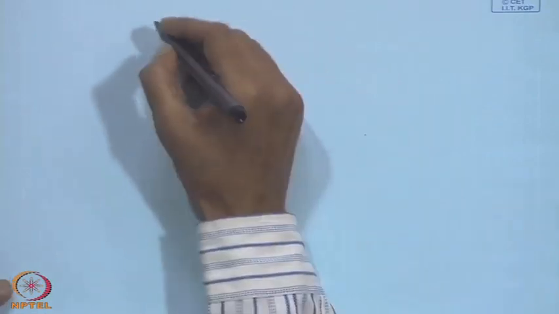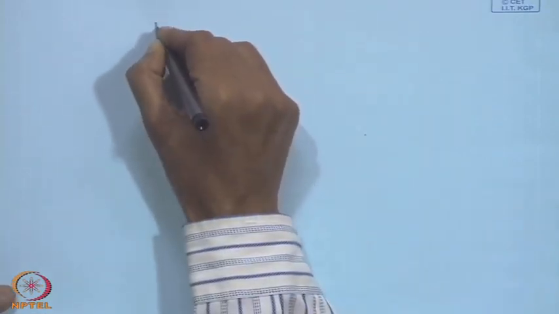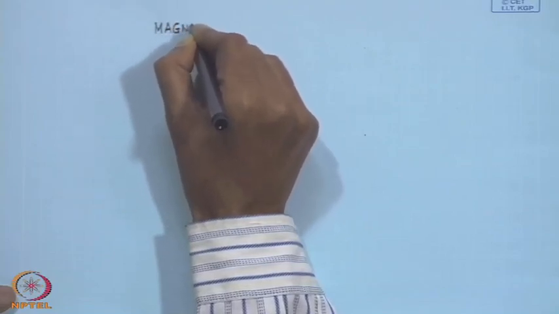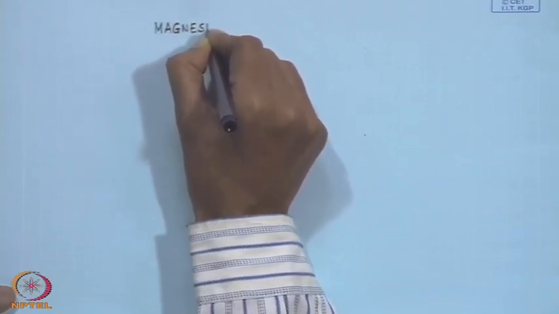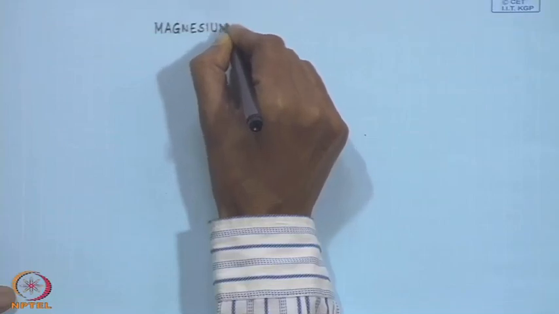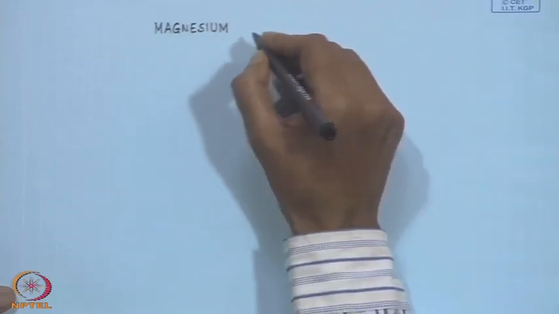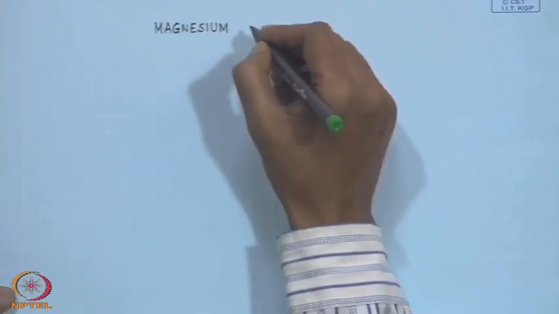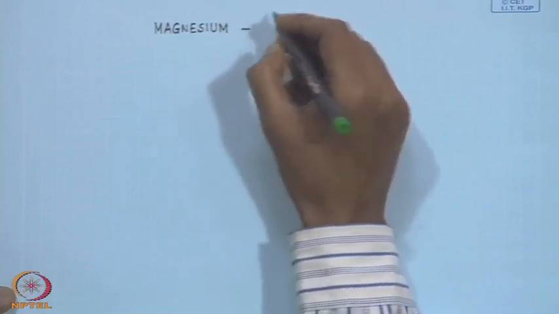So, we are going to something where you have magnesium, and this magnesium is responsible for absorption of photons. That means magnesium can be involved in photoreception.